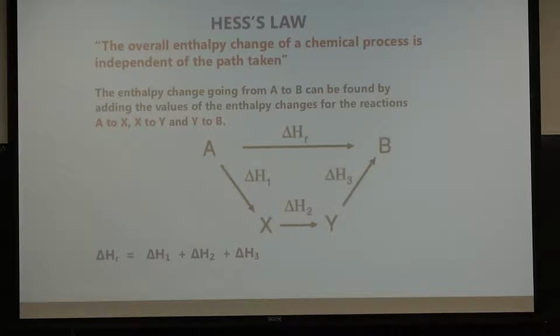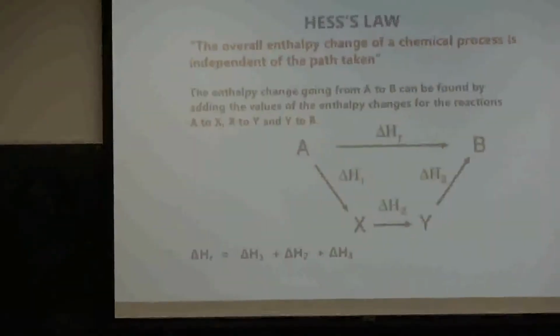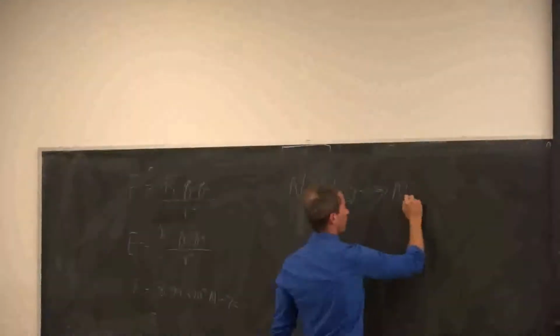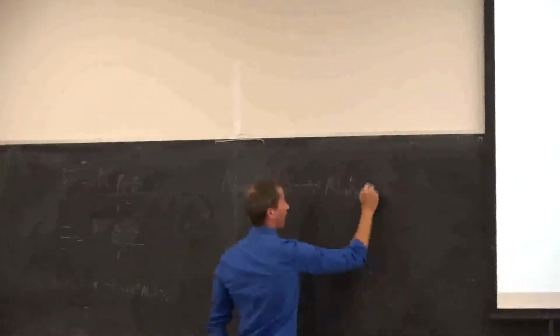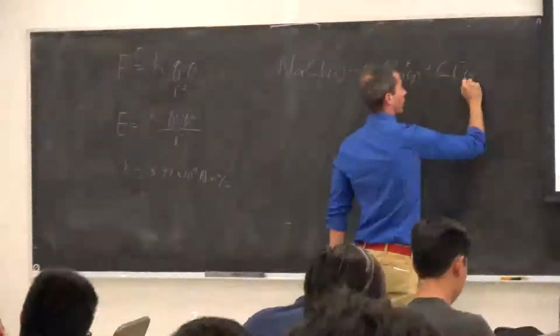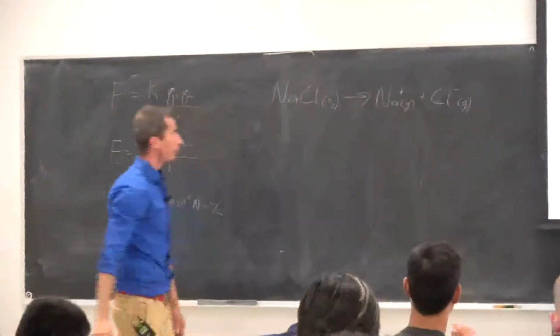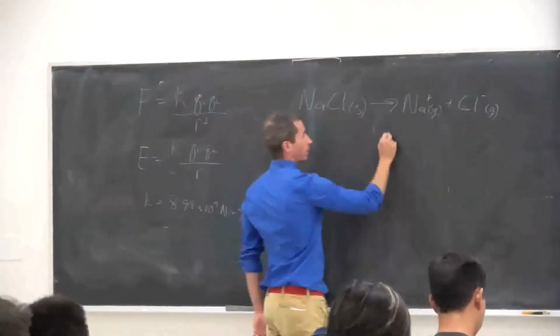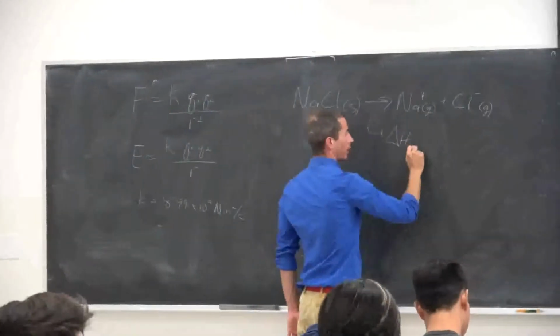Everything we've been trying to do today is to calculate NaCl solid to Na plus gas plus Cl minus gas. This is delta H lattice.